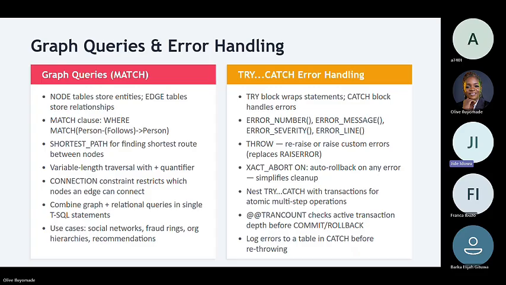We also have TRY...CATCH, which provides structured error handling. There's also THROW, which will raise or create a custom error. And then we have XACT_ABORT, which automatically rolls back any error and simplifies transaction cleanup. All these are grammars, but I just have to say it that way too.